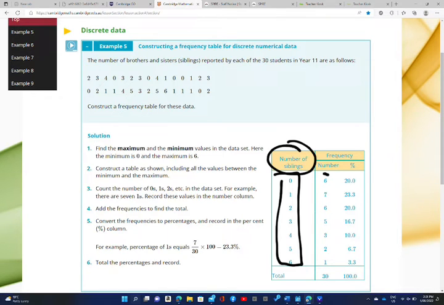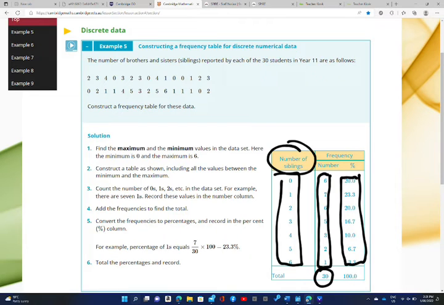Then, just like last time, you have the frequency and a total of all the numbers, and then you change those into a percent by putting the frequency over the total. So that doesn't change at all. So again, the frequency table doesn't change much except for the way you label things.